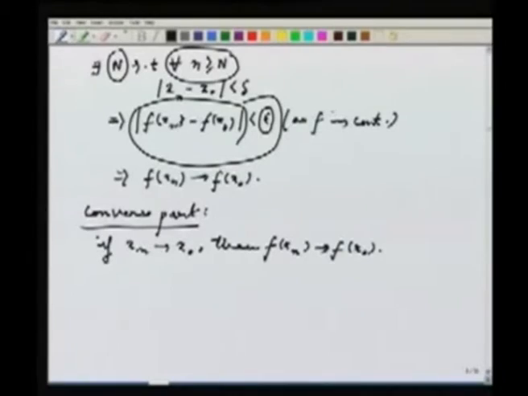I have to prove f is continuous. That means given epsilon, I have to find a delta. Now here the complication starts. If you approach directly, it becomes difficult to prove. So what we do is, we use the contrapositive argument, which we have used earlier, you must have noticed.